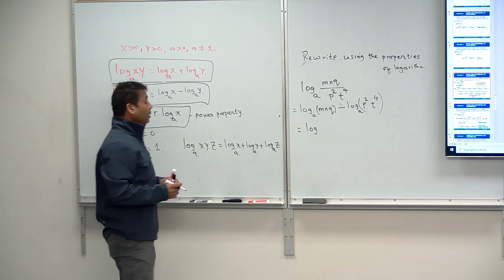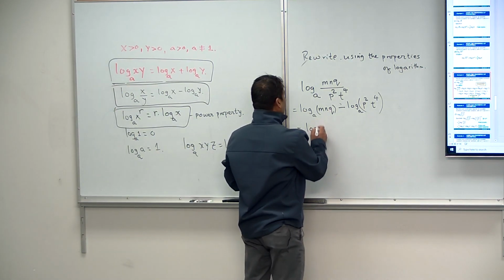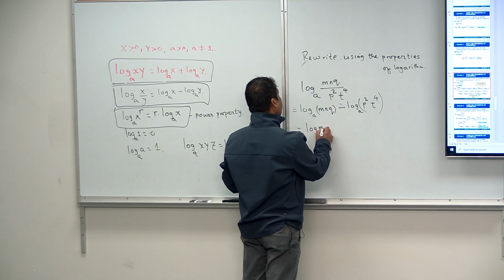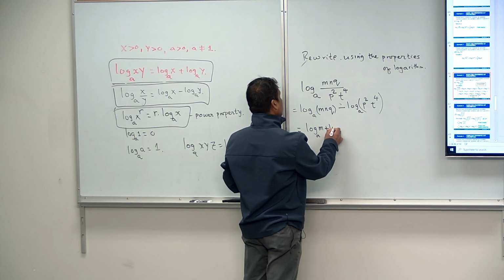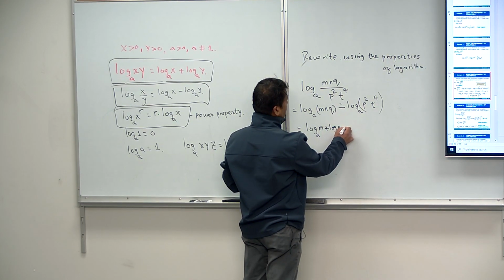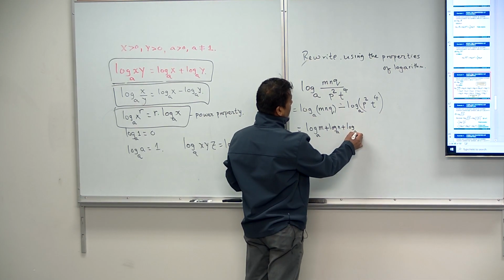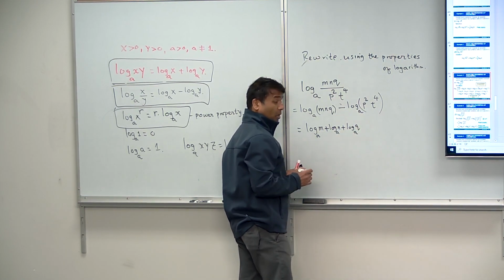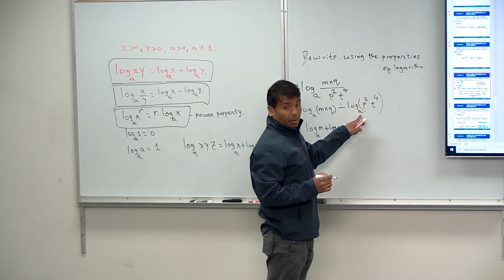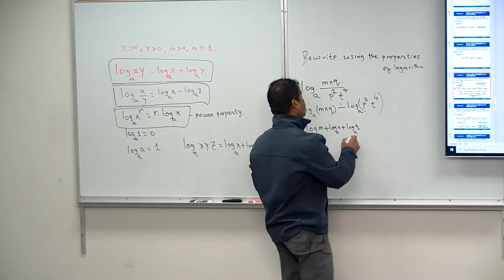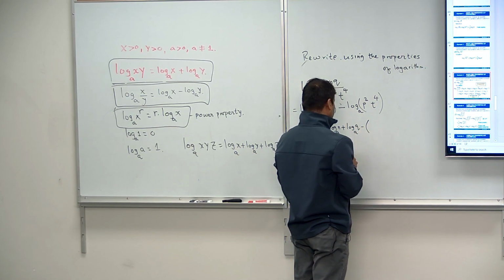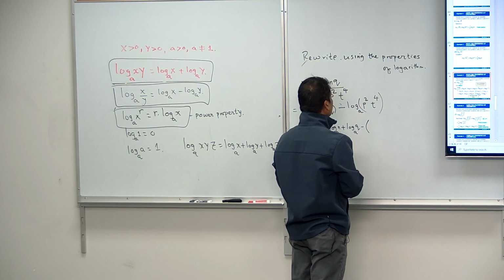So now here, this will be logarithm with base a of m plus logarithm with base a of n plus logarithm with base a of q. And then you also use the product property here. This is minus, you put the parentheses.